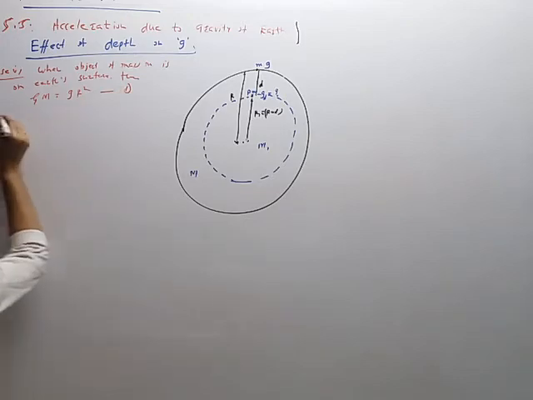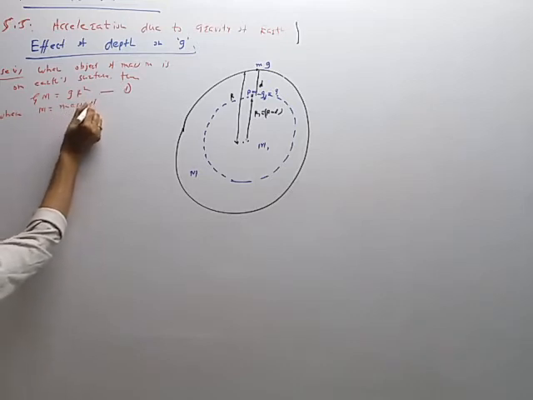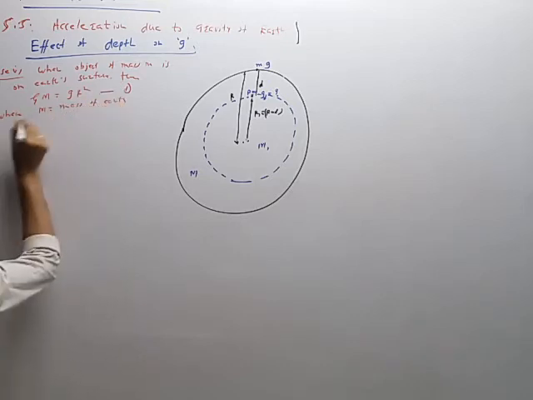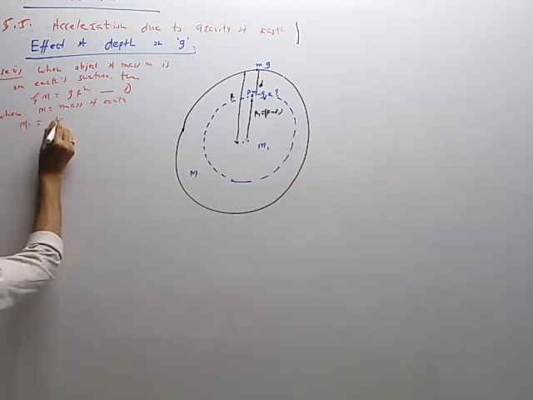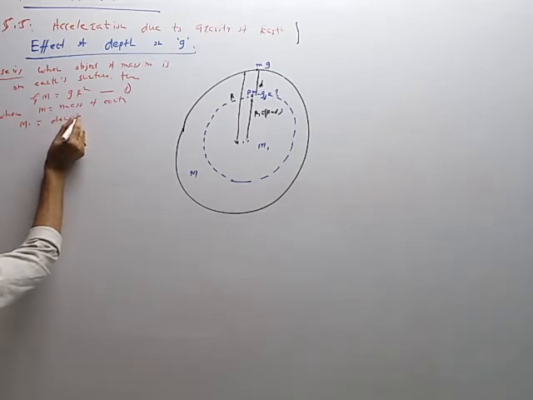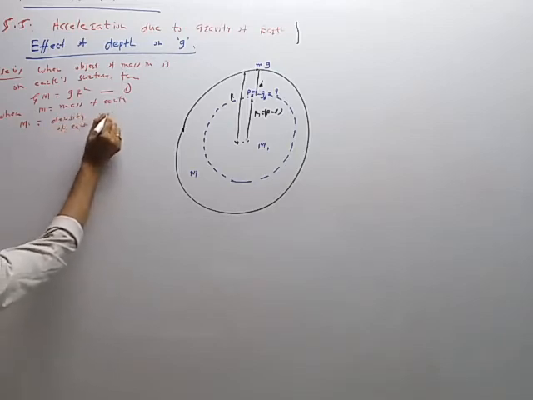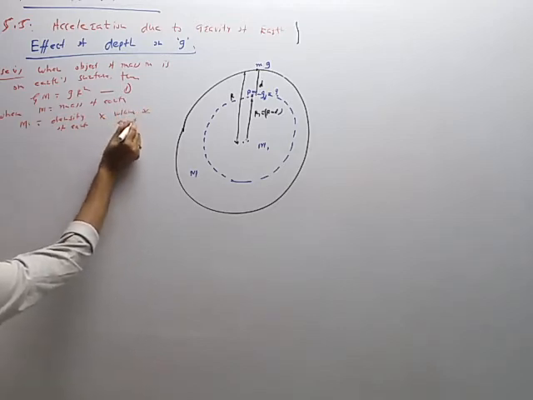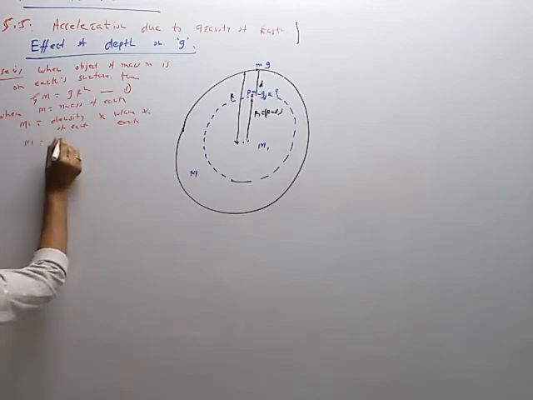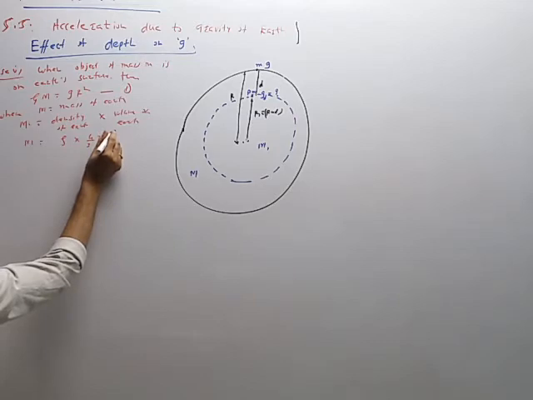Equation 1, where m is equal to mass of the earth, and this is equal to density of the material of the earth multiplied by volume of earth, and therefore m is equal to rho multiplied by 4/3 pi r cube.